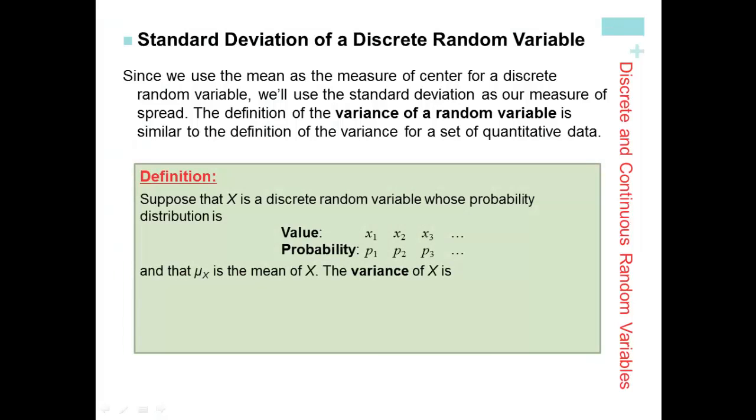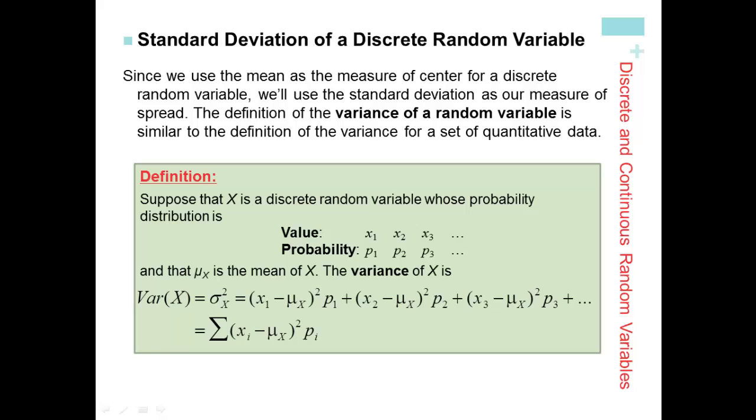Our definition of variance. Suppose that x is a discrete random variable whose probability distribution is given. And we know that the mean, mu sub x, is the mean of the random variable. The variance of x is given by this following formula. Remember, sigma squared is our sign for variance, and sub x means we have it for a random variable x.